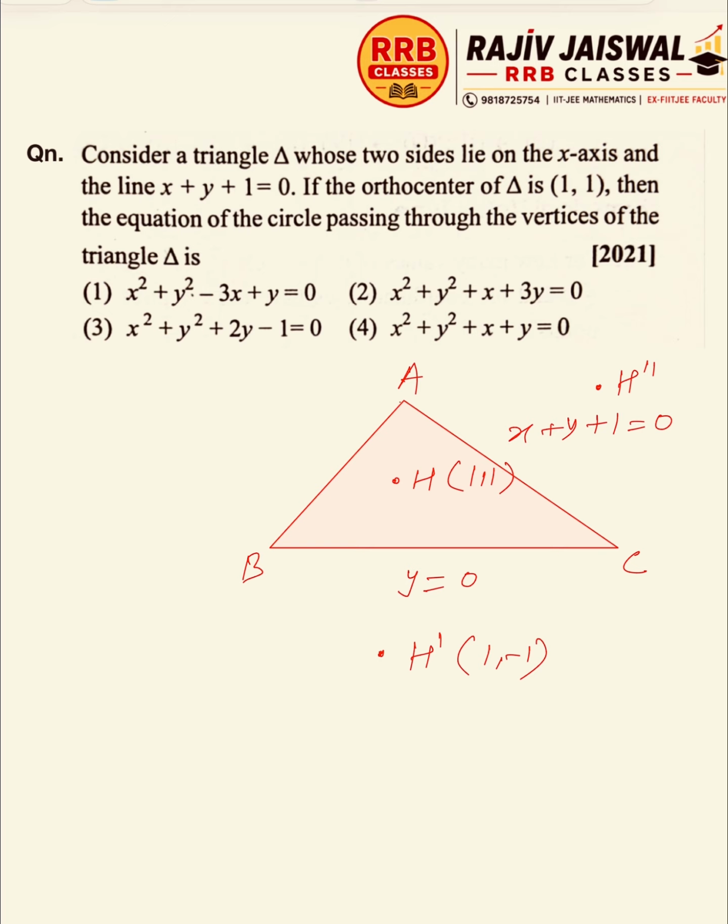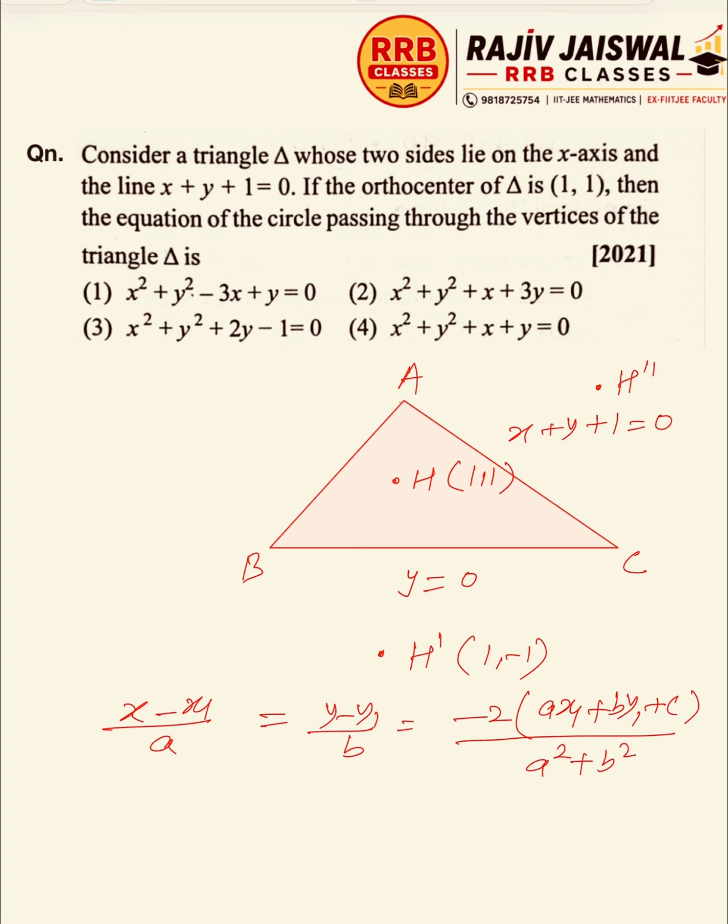We have a formula for the reflection, which is (x minus x1) upon a is equal to (y minus y1) upon b is equal to minus 2 times (a x1 plus b y1 plus c) upon (a square plus b square). This is the formula to find the reflection of any point (x1, y1) from the line ax plus by plus c equal to 0.